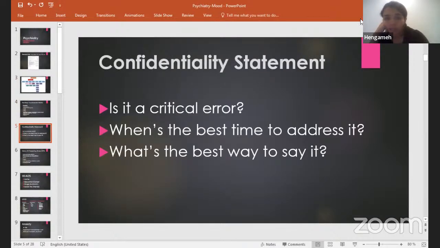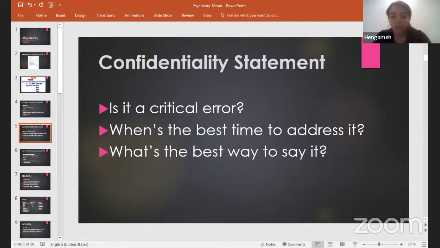So, the confidentiality statement. There are many different ways to talk about confidentiality. We need to stick with the simplest, the shortest one, because the exam has a time limit. There's a time factor.